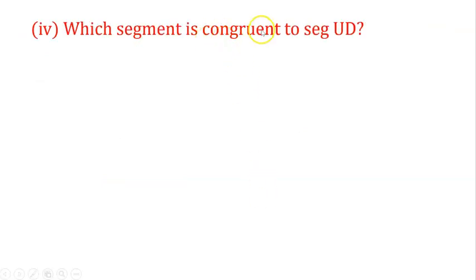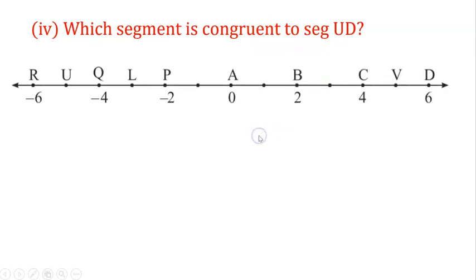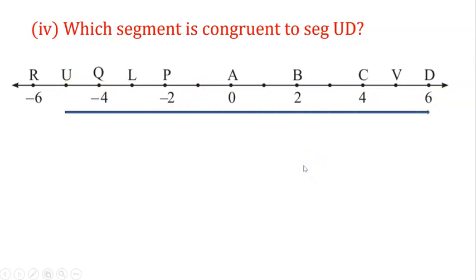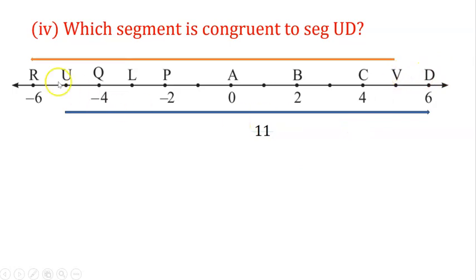Which segment is congruent to segment UD? Now see here, U to D. The length of UD is 6 minus in bracket minus 5. That is, minus minus will become plus. Therefore, the length of UD is 11. At the same time, the length of VR is also 11.